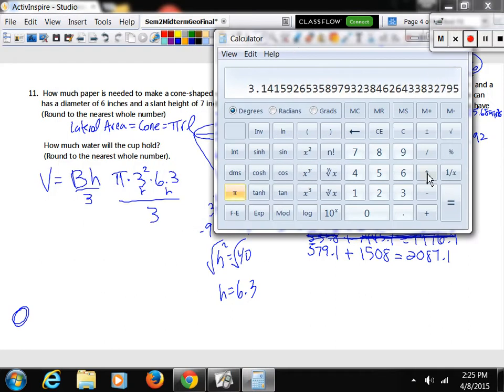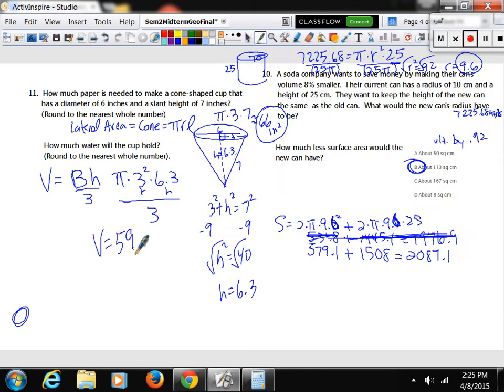You got pi times 9 times 6.3. And then you're going to take that whole thing and divide it by 3 to get the cone. 59.4. So the volume is about 59.4, which would round to 59 cubic inches. Inches cubed. So that's volume.